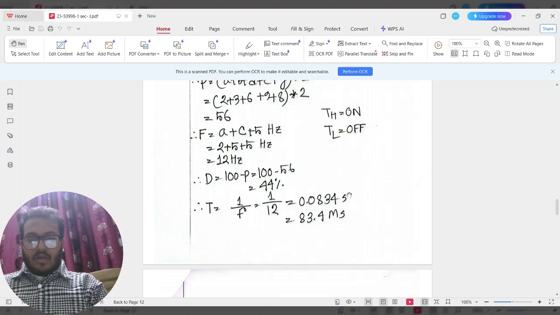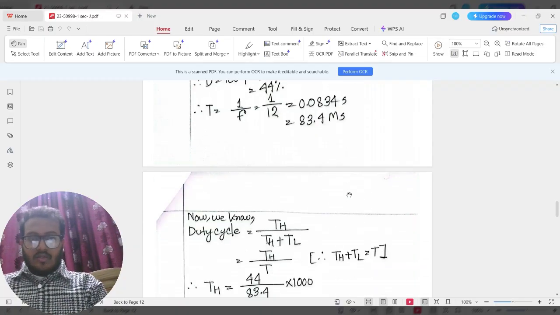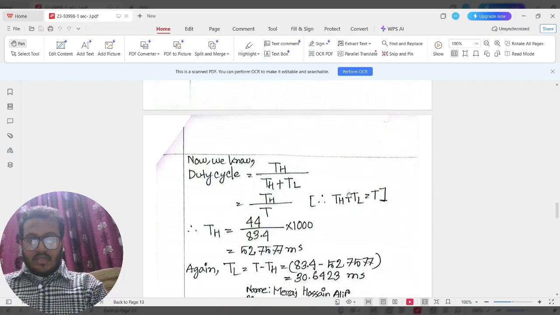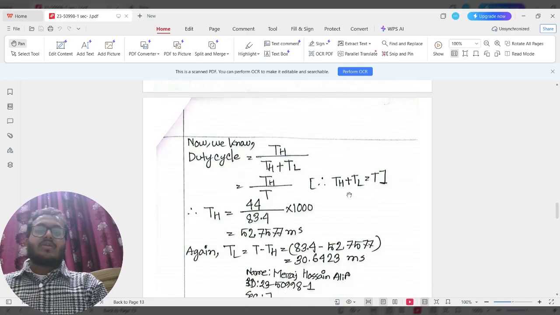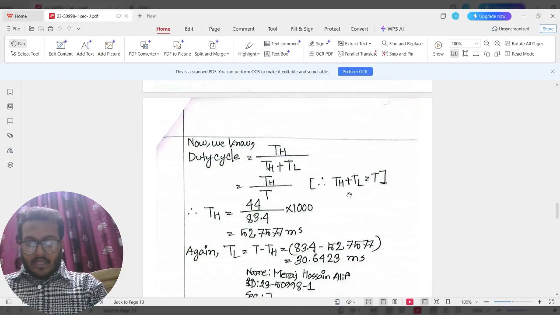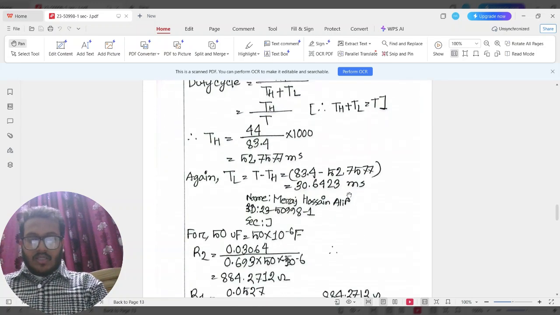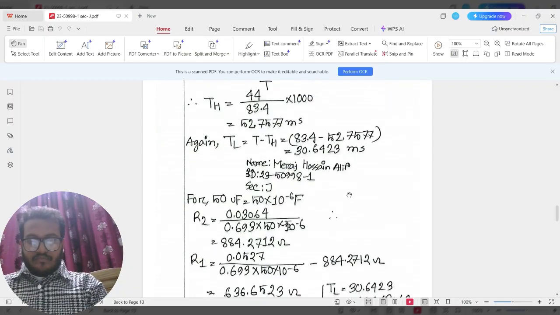Also I count T is equal to 83.4 millisecond. We know the duty cycle formula is TH divided by TH plus TL, and also TH plus TL is equal to the time. So we count TH and TL.